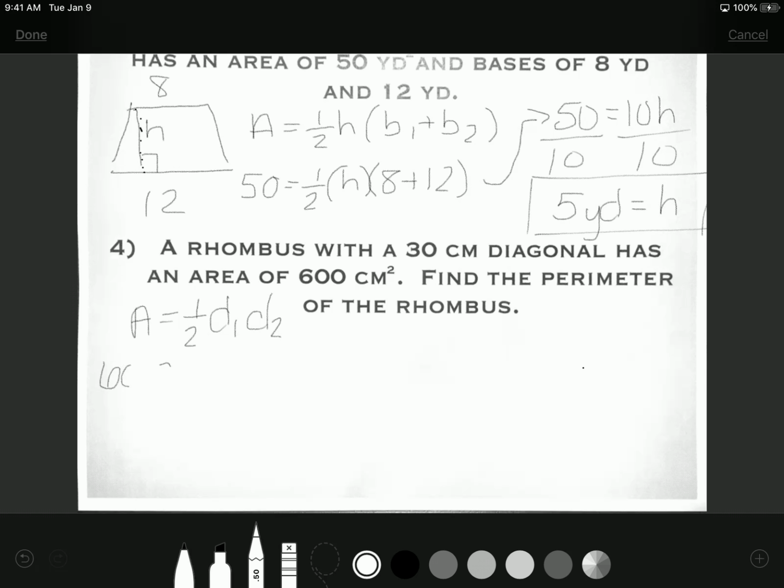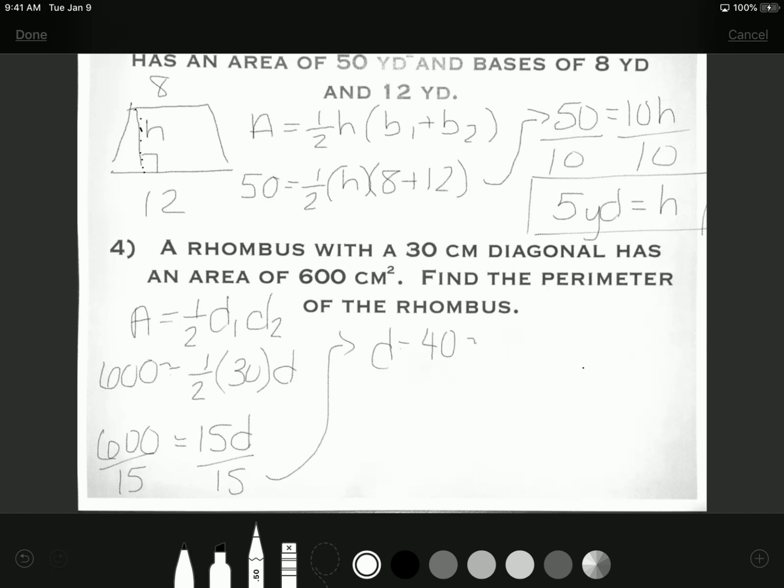We know our area is 600. One of our diagonals is 30, and we don't know the other one. So half of 30 is 15, so we have 600 equals 15 times d. When we divide by 15, we get d equals 40. So we know the other diagonal is 40 centimeters.